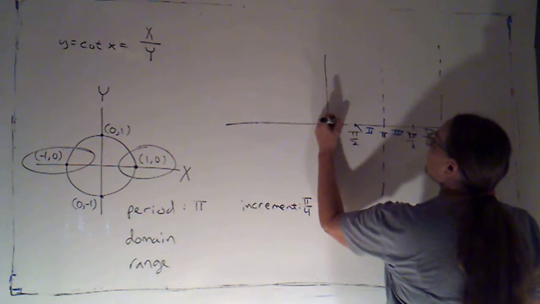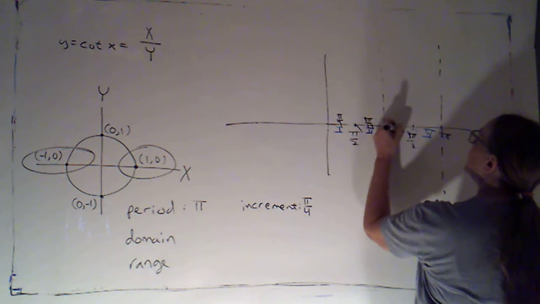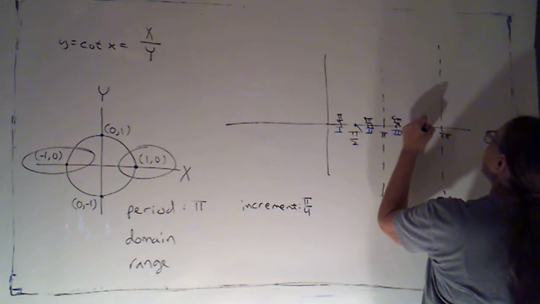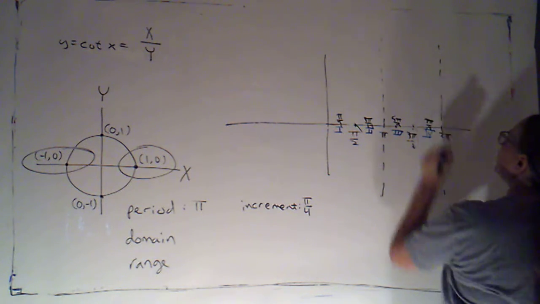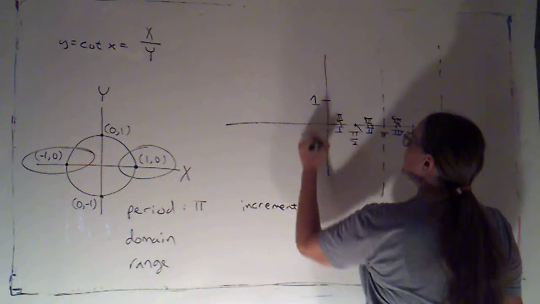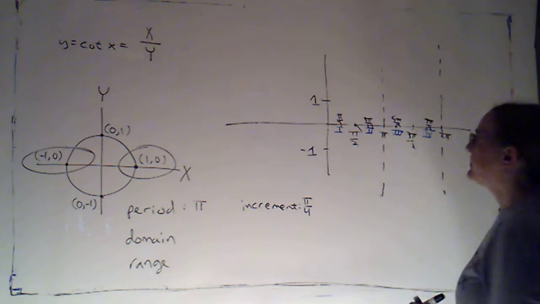So I'm going to mark off pi over 4, and then 3 pi over 4. Here I'd have 5 pi over 4, and 7 pi over 4. And the values I'm going to be getting are going to just be 1 and negative 1.